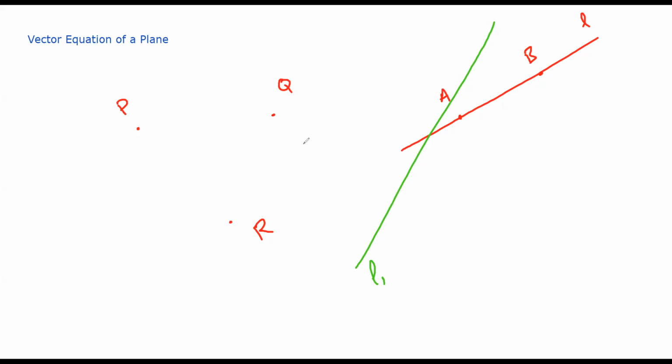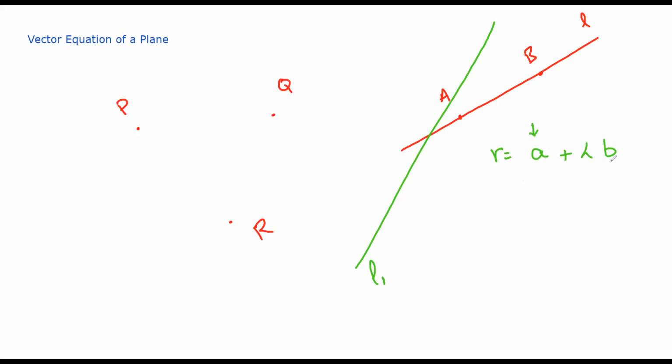So to define a plane, if you go back to the equation of a line, which is r is equal to a plus lambda b, to determine a certain line in this 3D space, we need the position vector of a point on that line.